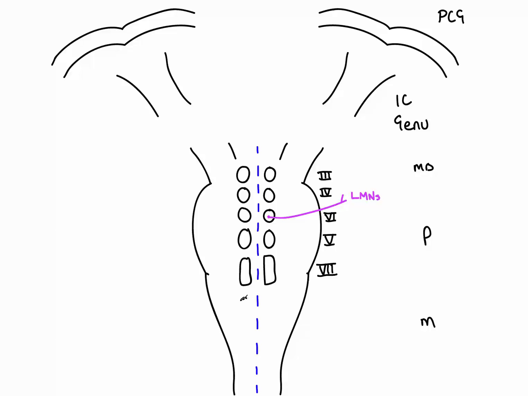Then we can carry on and draw quite a large nucleus, and this is for two cranial nerves. This is for cranial nerves 9 and 10, the glossopharyngeal and the vagus. And then the final two nuclei, we have one for the accessory, cranial nerve number 11, and also cranial nerve number 12, the hypoglossal.